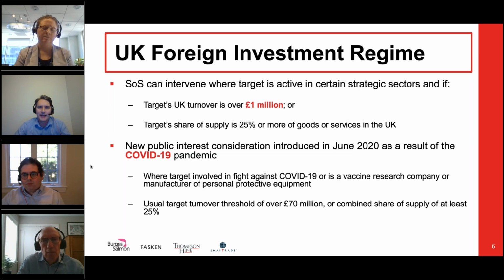The Secretary of State can intervene. And in these particular sectors, the Secretary of State can intervene on much lower turnover and share of supply thresholds, as we've set out here. And there is actually also a new category for intervention, which is where the target's involved in the fight against COVID or is a vaccine research firm or manufacturer of PPE.